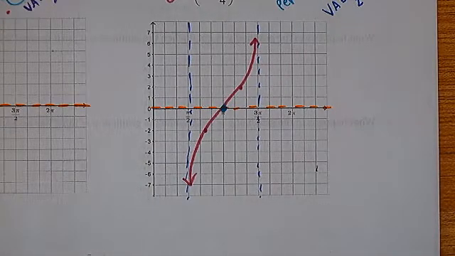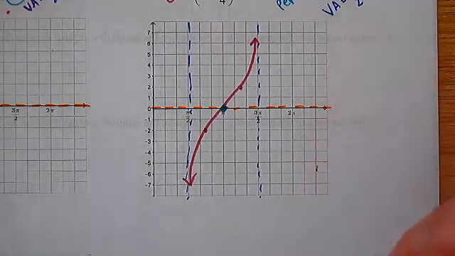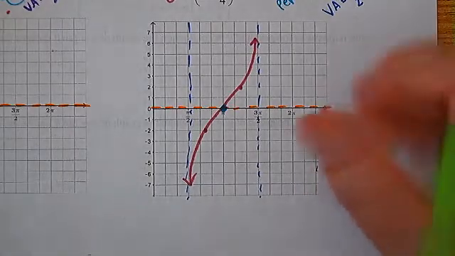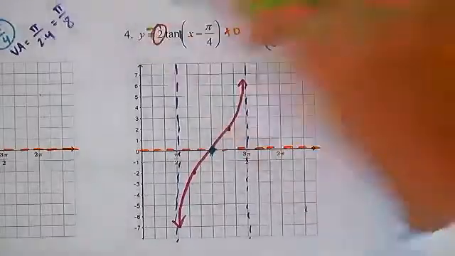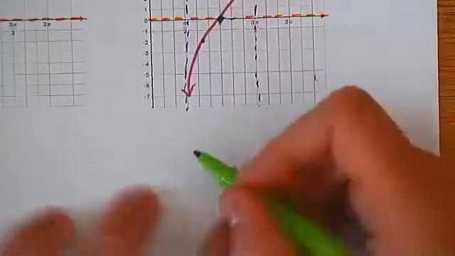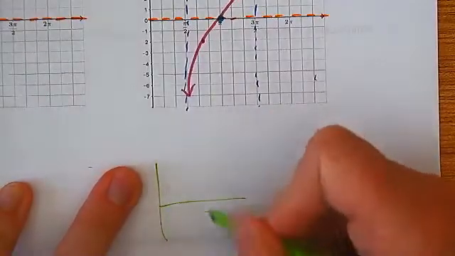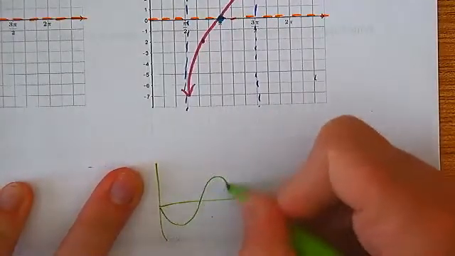If you guys are curious, I'm not going to have it in any of the classworks or on the test or anything, but if you're curious, how would a negative tan work? You know how for sine, instead of going up and then down, a negative sine goes down and then up.